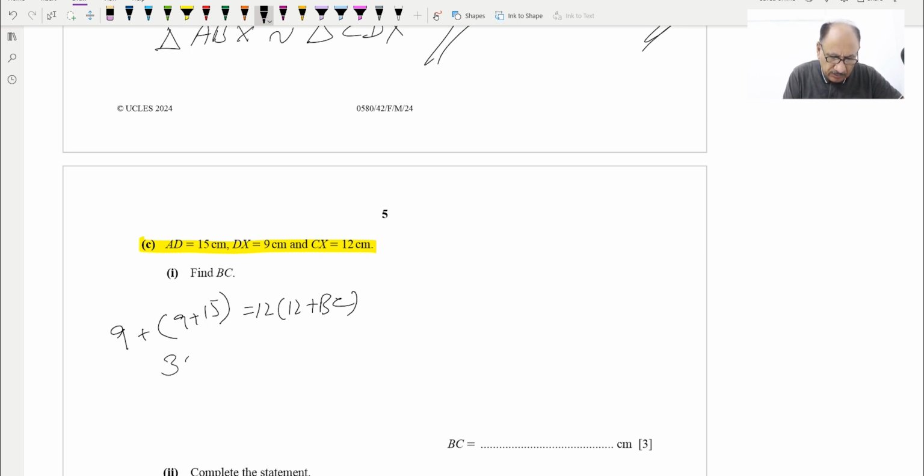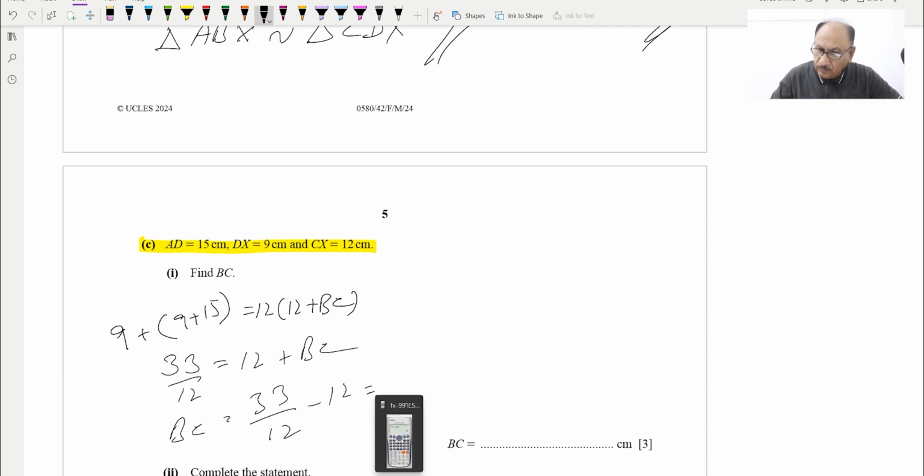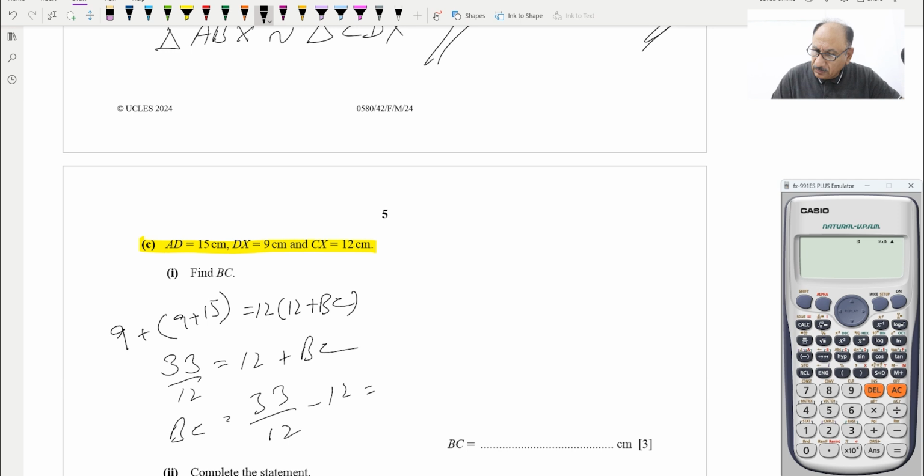So we can write 33 is equal to, we can shift this 12 to this side, and 12 plus BC, and BC will be equal to 33 over 12 minus 12, and this will be 33 over 12 and minus 12 will be resulting to, we have done basically mistake.